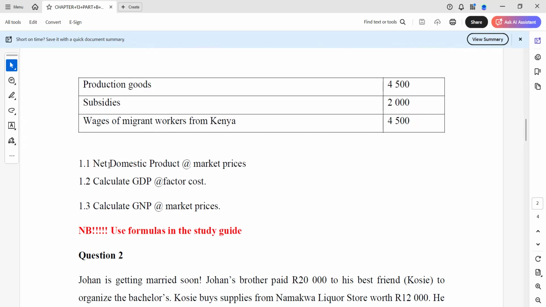So the formula to calculate net domestic product at market price is: GDP minus depreciation, and then you get net domestic product at market price, right? So now let's find our GDP and then subtract depreciation to get the amount they're looking for.